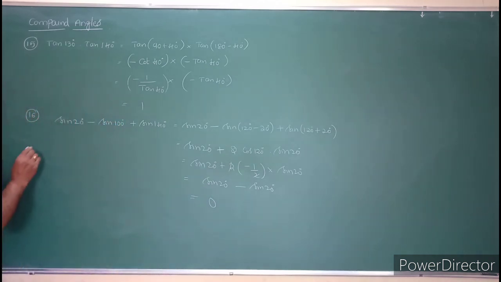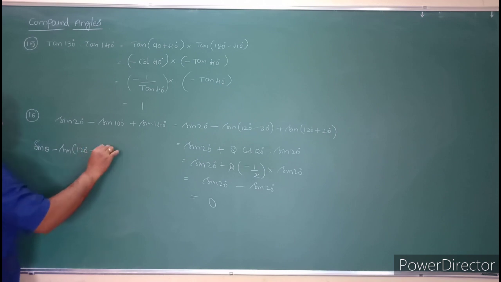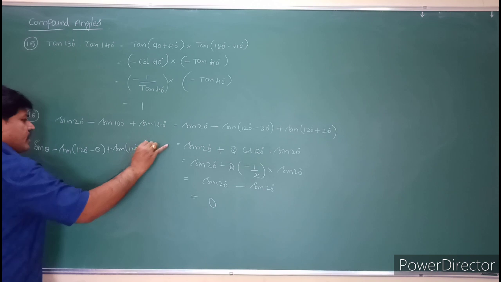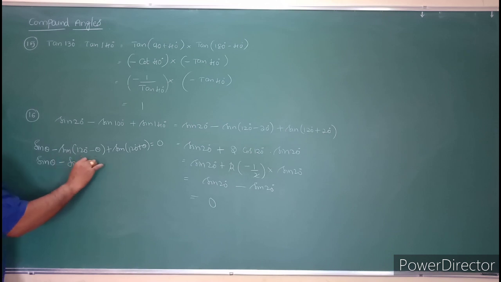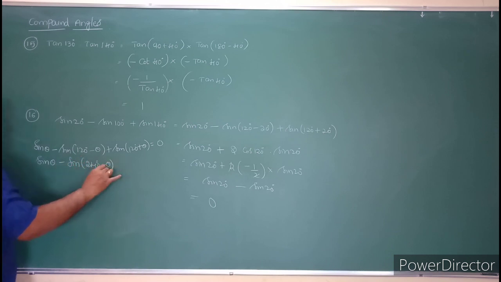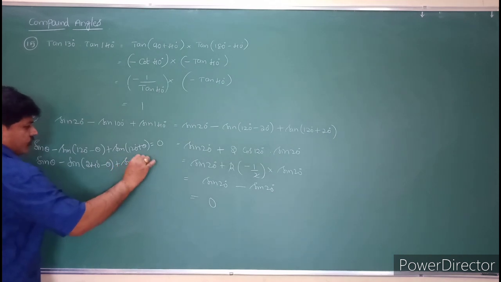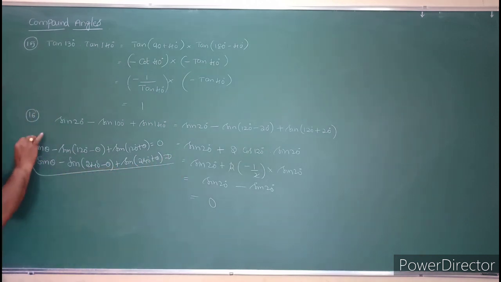So what is the formula, students? See that sin theta minus sin of 120 minus theta plus sin of 120 plus theta will become 0. Similarly, sin theta minus sin of 240 minus theta plus sin of 240 plus theta is also 0.